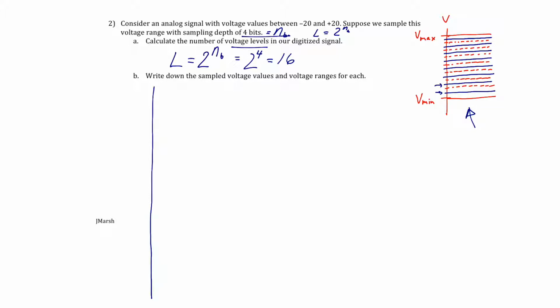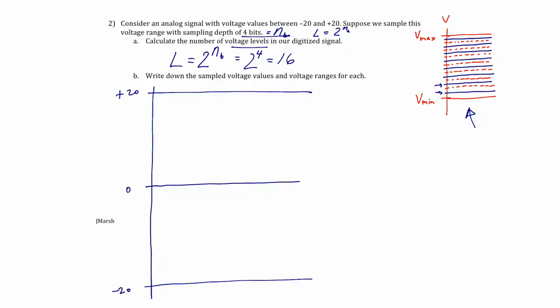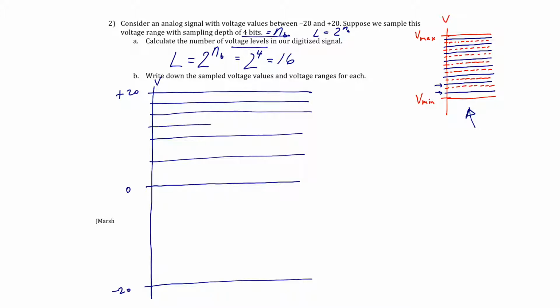Now we also have to take into account the fact that we're going from minus 20 volts to plus 20 volts. Here's 0. This is the voltage axis. If we're dividing this range up into 16, I'm going to divide each of the top and the bottom into 8 and figure out all those values, and then figure out the midway between each of these.